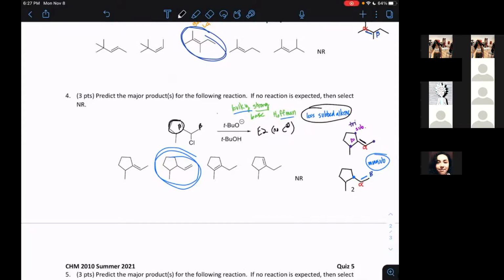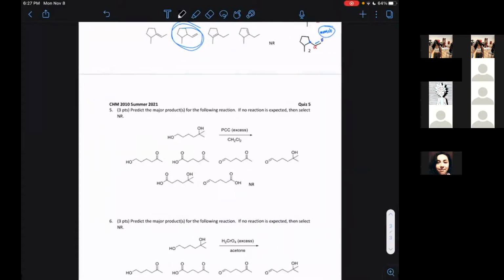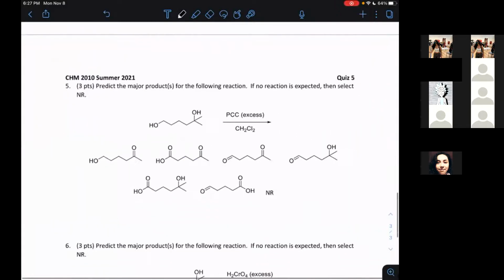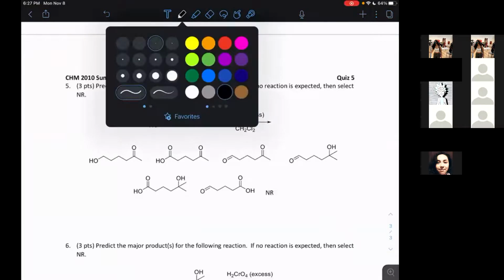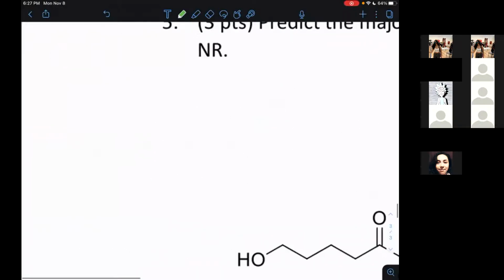Okay. Cool. So then we go to number 5. Predict the major products of the reactions. I have notes for this one in front of me. I'll just write it over here too.